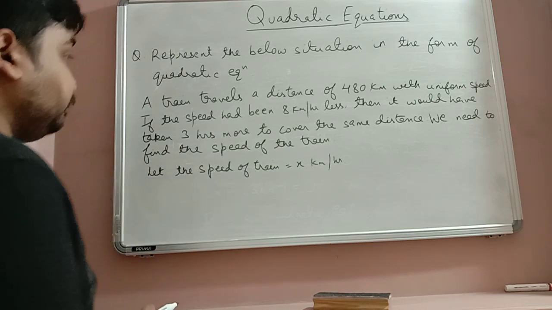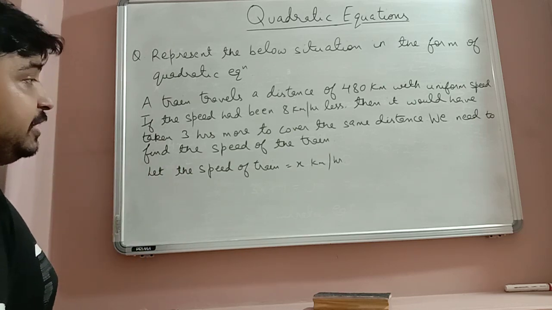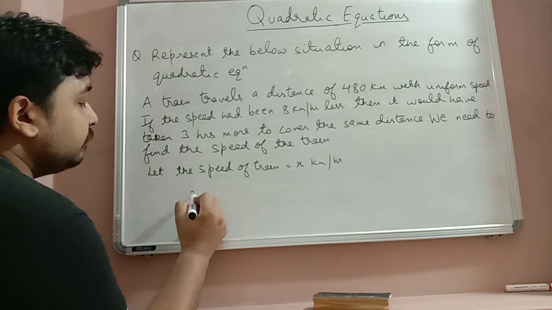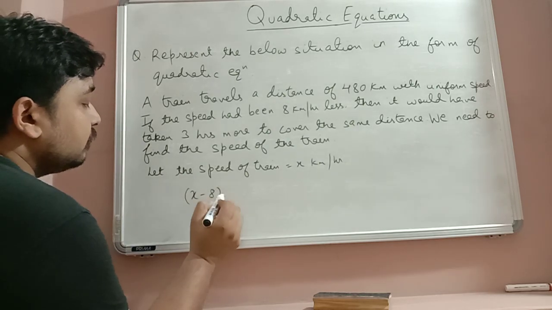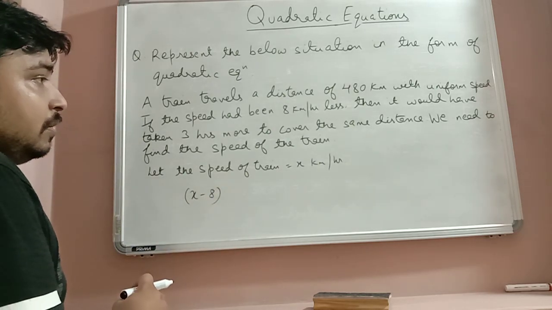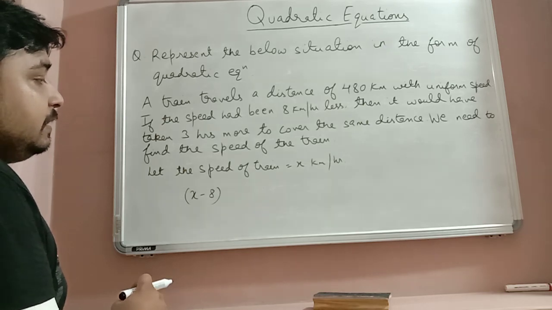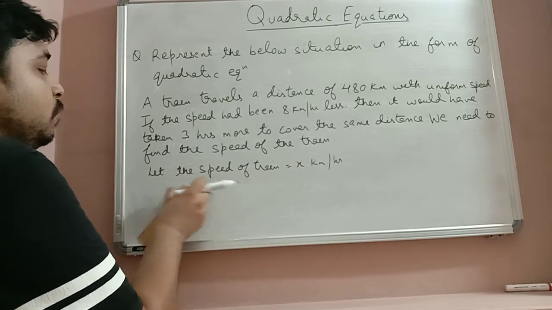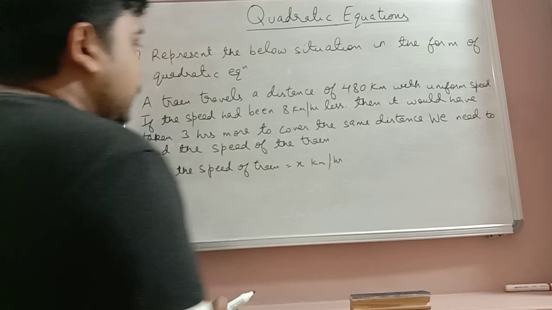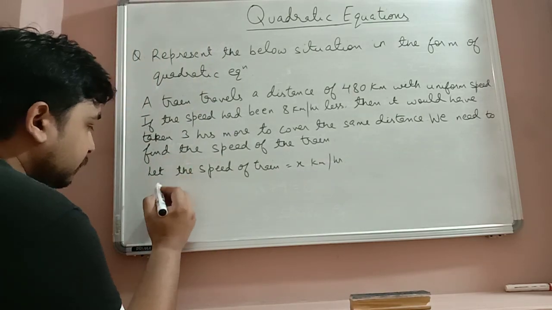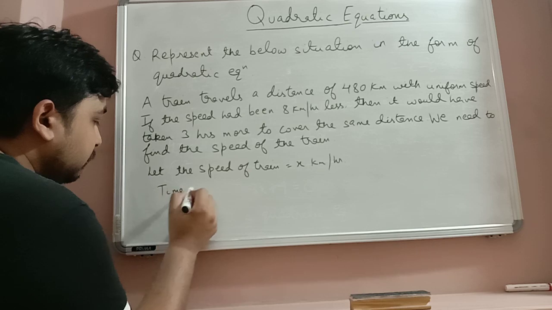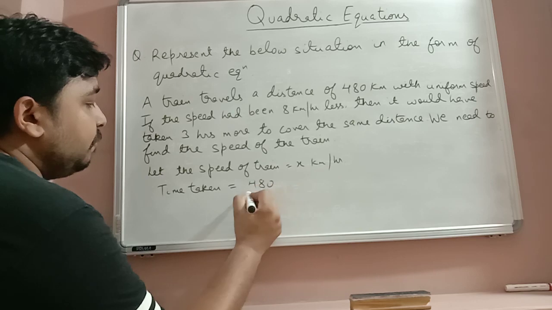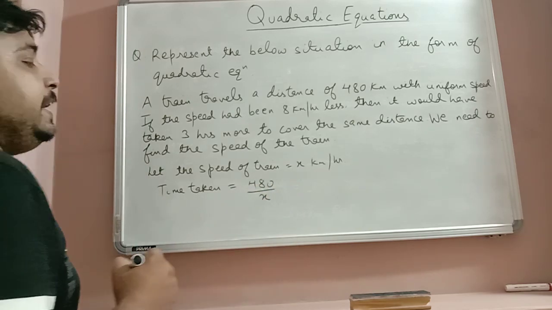Now the situation says that had the speed been 8 km per hour less, it would have taken 3 hours more to cover the same distance. Well, let us first find out how much time this journey takes usually. So time taken to cover 480 kilometers with a speed of x km per hour will be 480 by x hours.